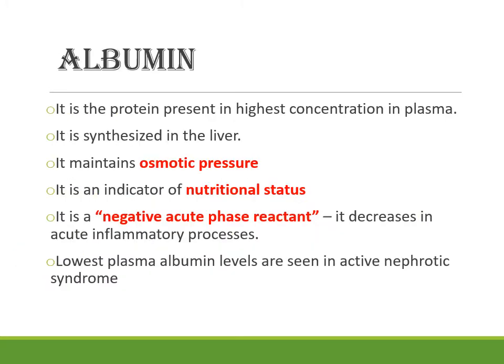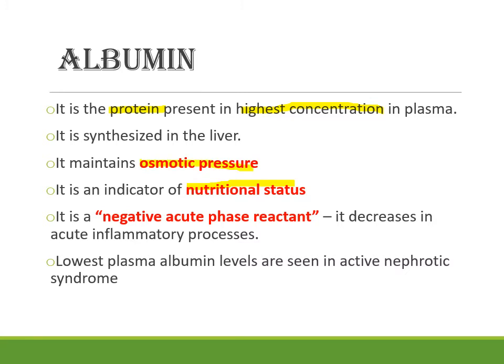So let's now discuss albumin. Always remember, guys, that albumin is the most abundant protein in the plasma. It is primarily synthesized by the liver, and this is actually used as an indicator of nutritional status. For example, if you want to know whether this child is experiencing malnutrition, we can measure the albumin levels. Aside from that, the main function of albumin is maintaining osmotic pressure within vessels.